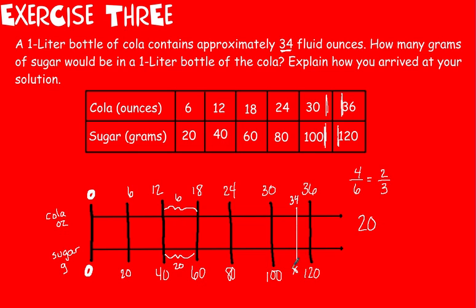I only want to go 2/3. So if I take my 20 and I multiply it by 2/3, because I only want to go 2/3 of the way there, I get, so if I do 20 times 2, I get 40. And then I put the 20 over 1, and I do 1 times 3 is 3.